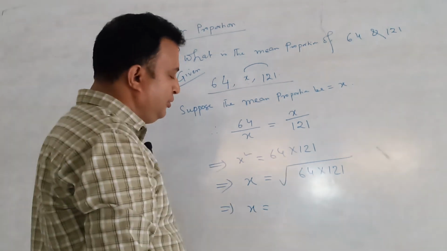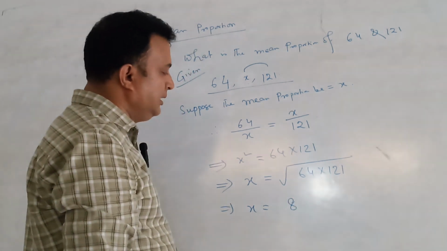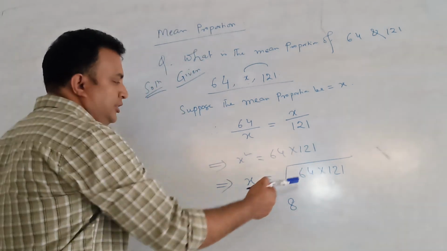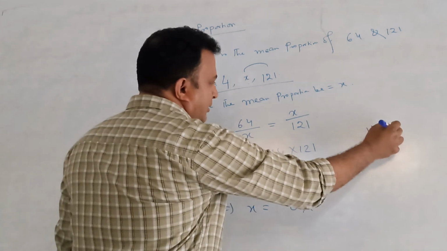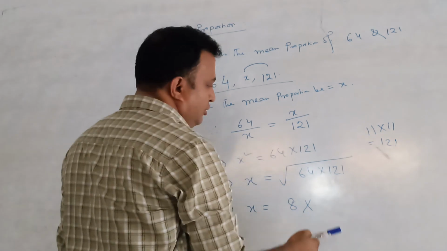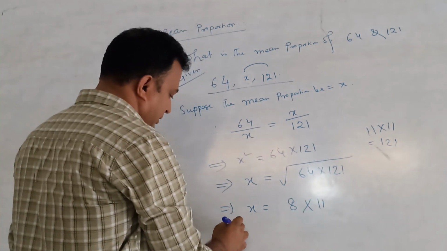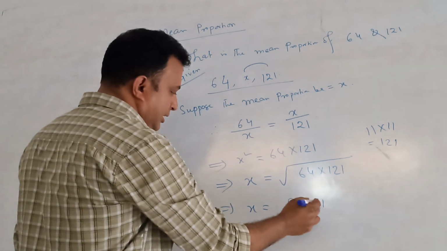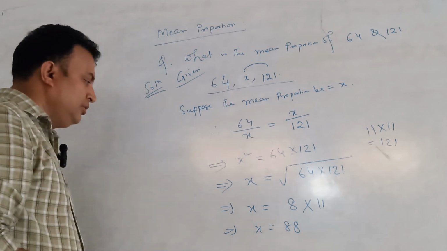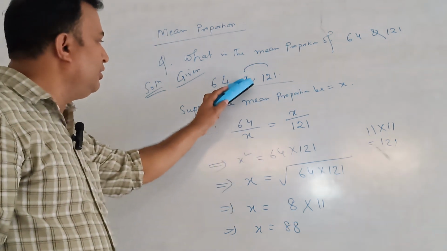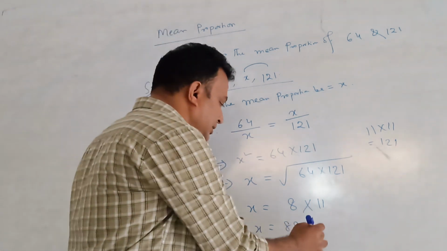A square root of 64, we all know that 8 8s are 64. So we can take 8 for the square root of 64, and 11 11s are 121, so the square root of 121 is 11. Ultimately x is equal to 11 8s are 88. So the mean proportion is 88. The result is 88.